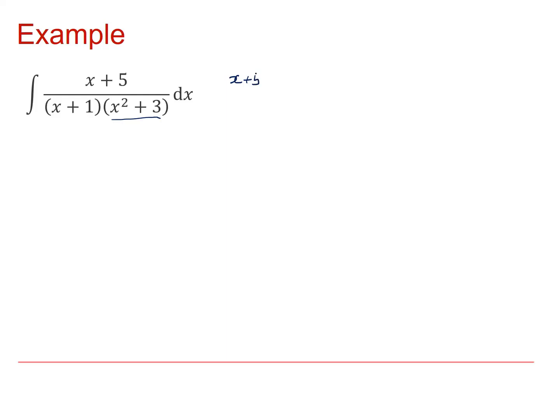So this thing, x plus 5 over x plus 1 times x squared plus 3, turns out to be this in partial fractions. It's 1 over x plus 1 plus 2 minus x over x squared plus 3.